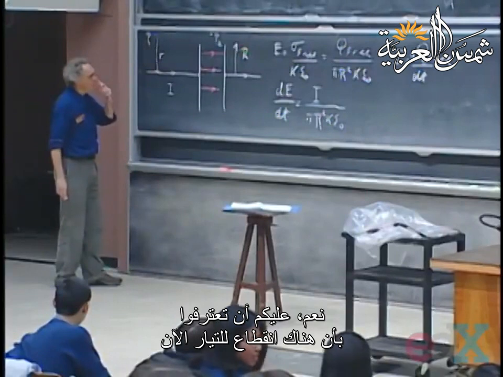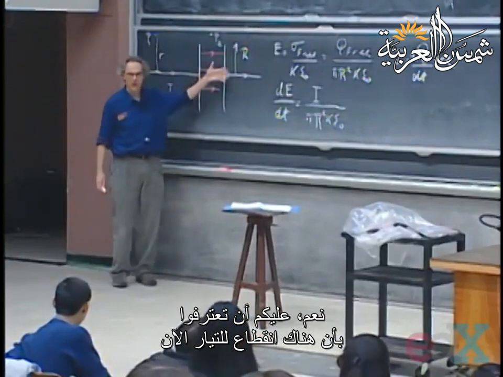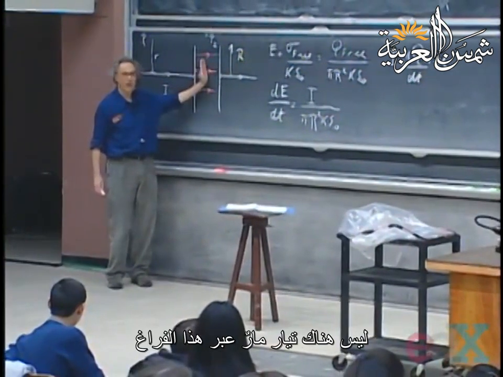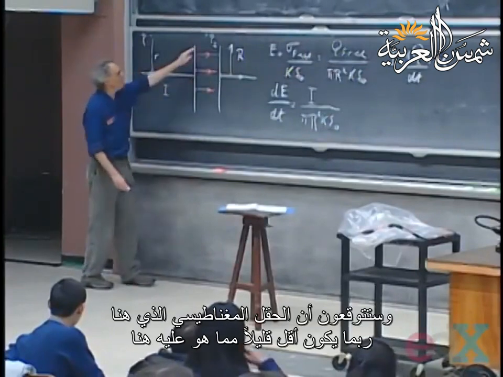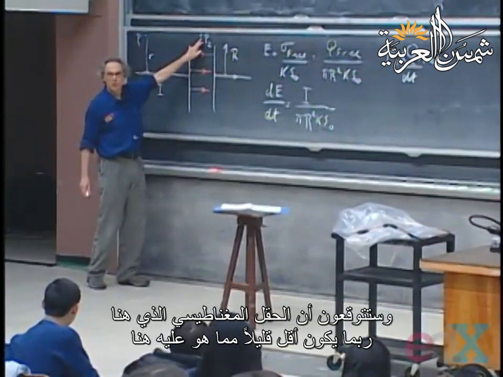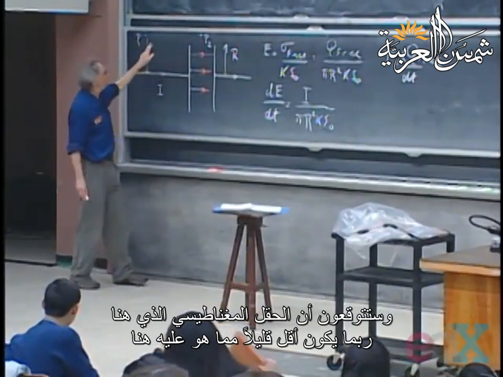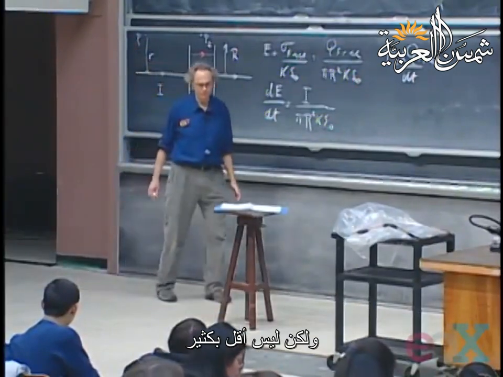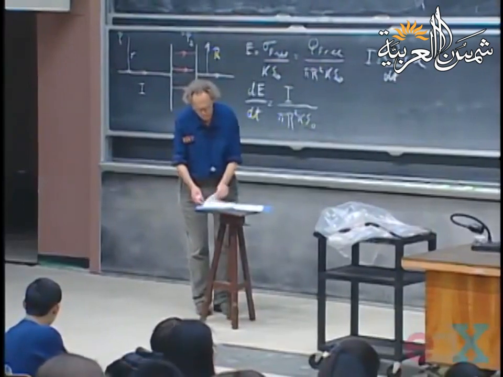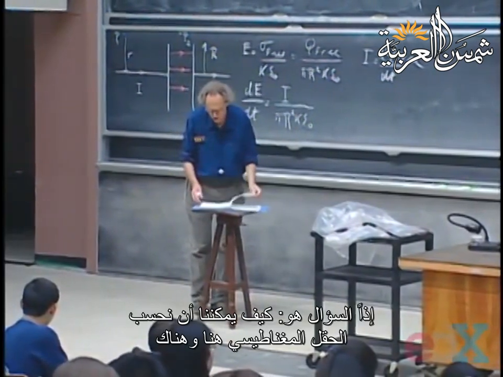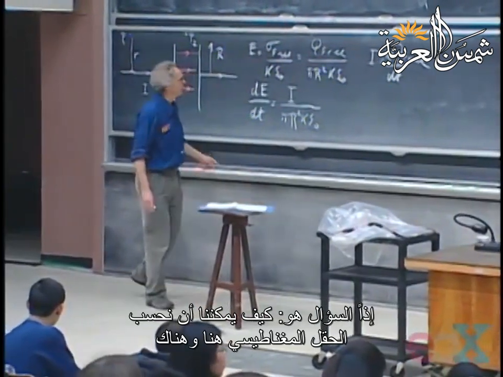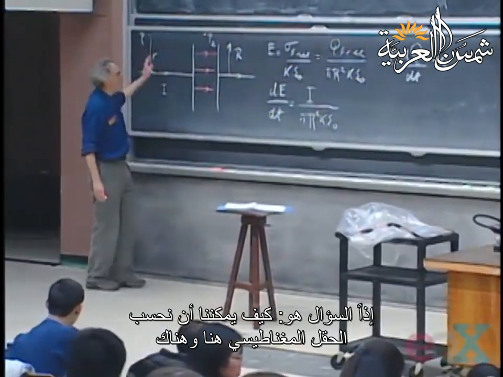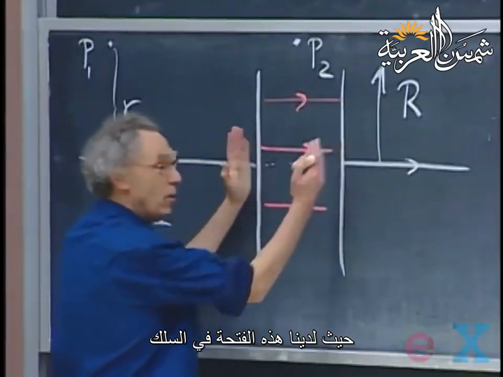Well, yeah, you got to admit there is an interruption of current now. There is no current going through this space. And so you expect that the magnetic field here would be a little lower, perhaps, than it is here. But not very much. So the question is, how can we now calculate the magnetic field here and there, now that we have this opening in the wire?